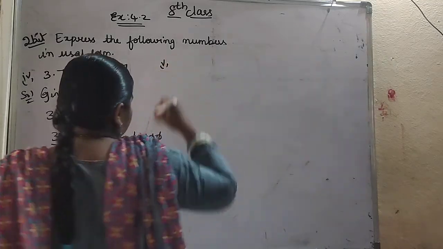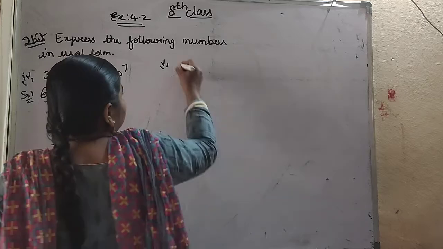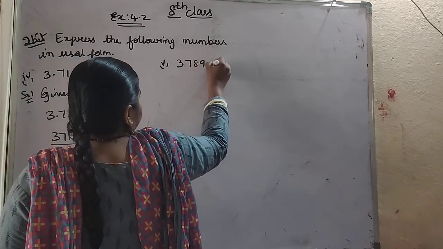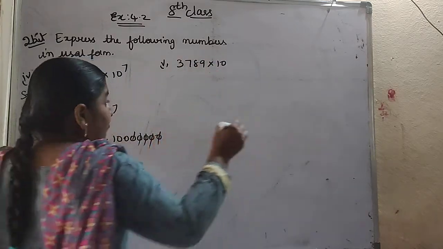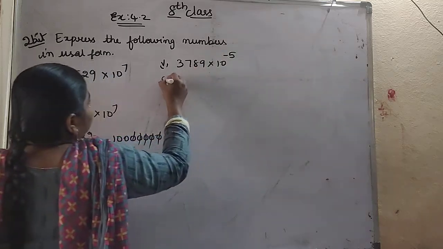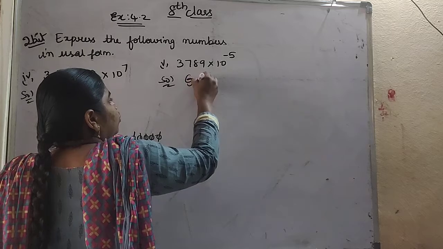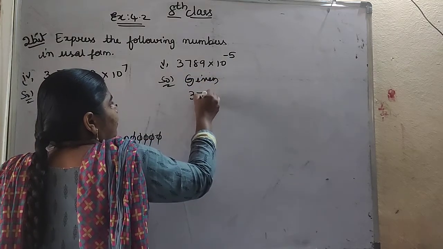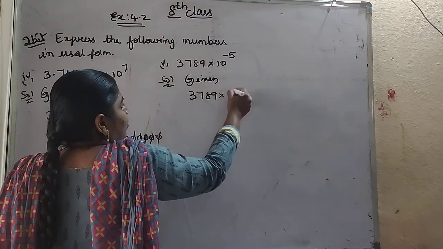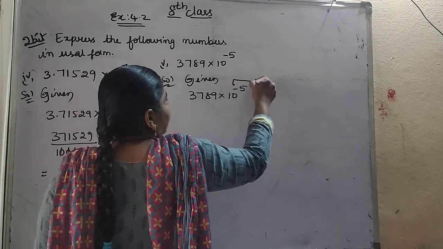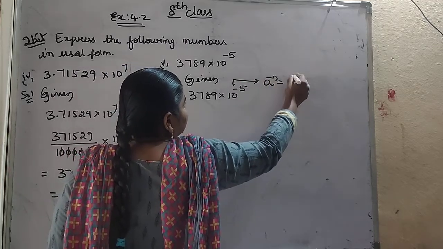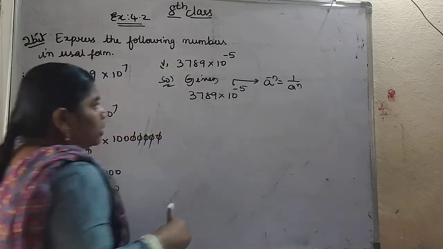Fifth one is 3789 into 10 power minus 5. It is the smallest number because the power is negative. Here there is no point. So 3789 into 10 power minus 5. Here I am applying the formula a power minus n is equal to 1 by a power n.